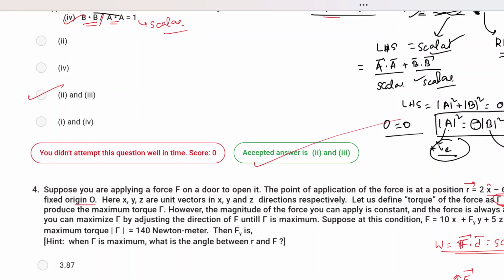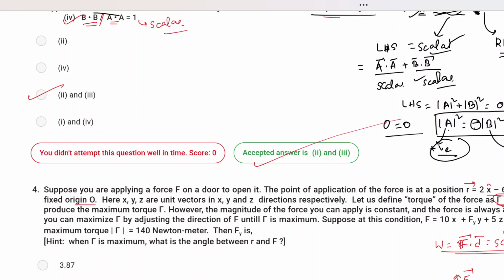In the vector cross product, on the right hand side you will not get a scalar, but a vector quantity. This is the main difference. Apart from the formula difference, a dot product gives you a scalar back, but if you take the cross product between two vectors, that will give you a vector back. So always remember this because it will be useful later on also: vector dot product gives you a scalar quantity back, but vector cross product gives you another vector.